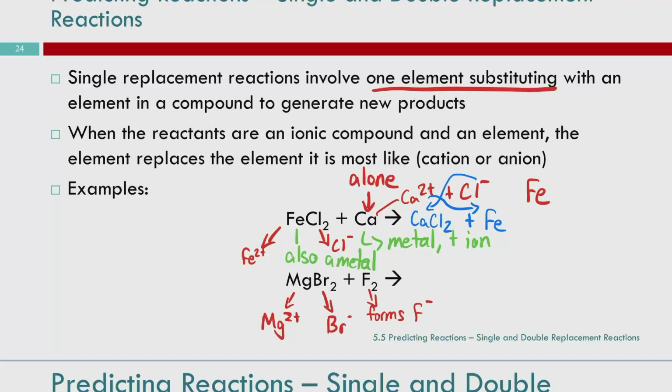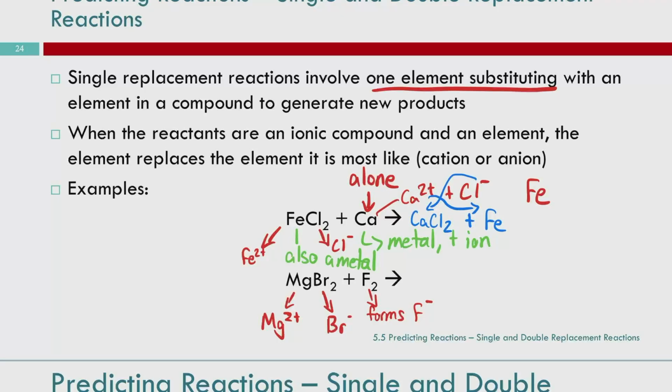When fluorine forms an ion, it forms F minus. It's a nonmetal. So we could maybe also see from the charges, Br minus, F minus, those 2 can swap, and we'll still be able to make a neutral ionic compound with magnesium and fluorine.